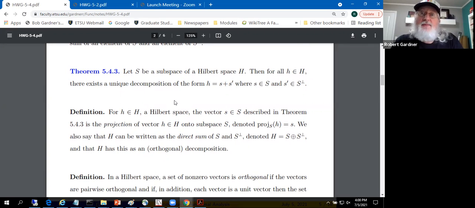I'll try to describe that a little bit. Theorem 5.4.3 says, let S be a subspace of a Hilbert space H. For all vectors H in the Hilbert space, there exists a unique decomposition of the form H equals s plus s prime, where lowercase s is in subspace S, and lowercase s prime is an element of the perp space of subspace S.